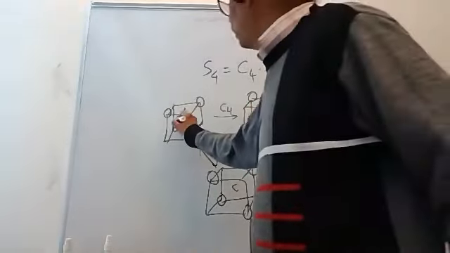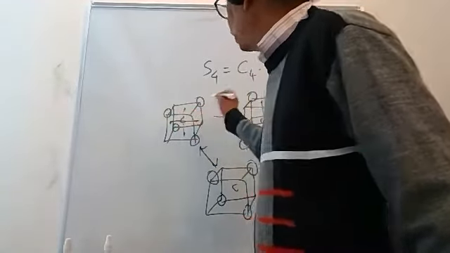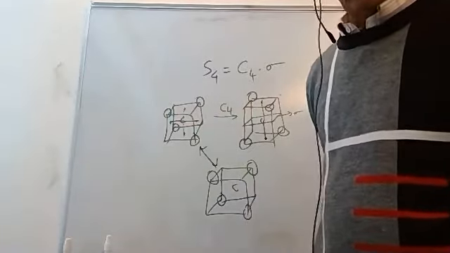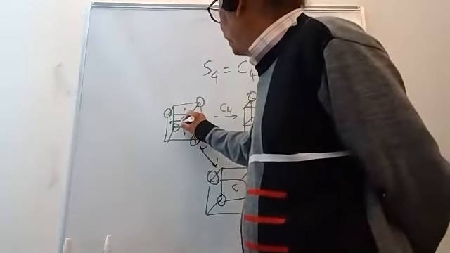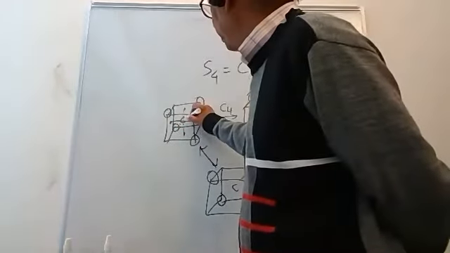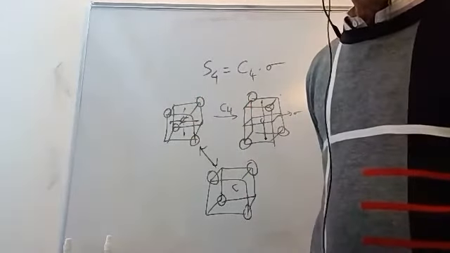So for example, if I take the midpoint of this plane and midpoint of that plane and then join that line, right? That's a C2 too. Similarly, if I look at the midpoint of the forward-looking plane and the midpoint of the back plane, join the line, you get another axis that's also a C2.